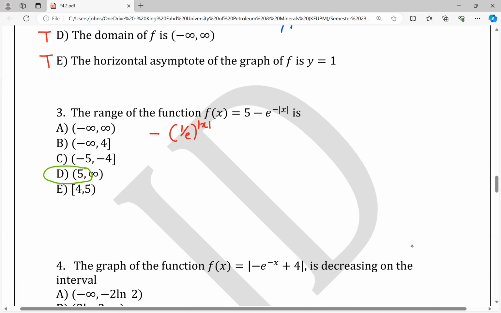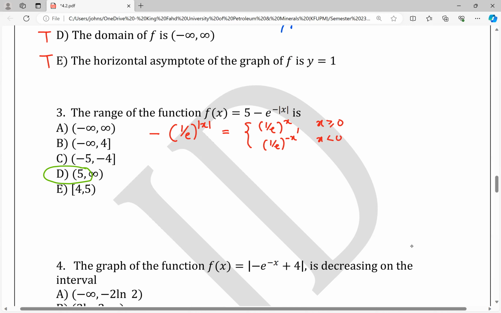So what does that mean? It means this one, I can break it into two. If we break it into two, this will split it into piecewise, similar to what we did before. This is going to be 1 over e to power x when x is positive, and this is 1 over e to power minus x when x is less than 0.